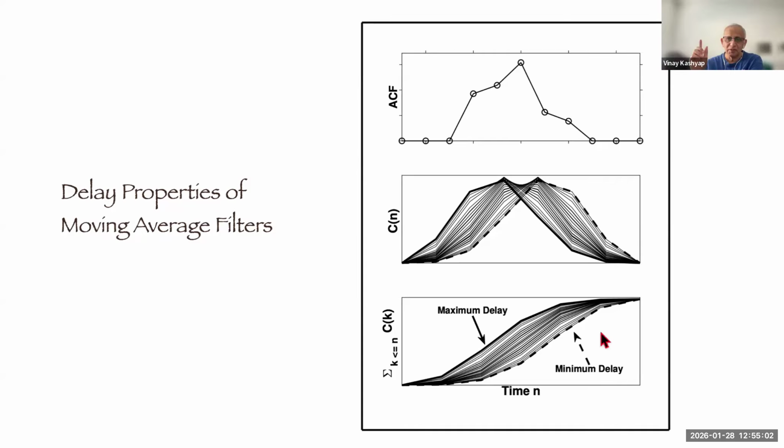Sorry, quick question. Yeah, go ahead. Why is there a band? I mean, why is there a difference between the maximum and the minimum? I mean, the ACF should give you the ACF. I'm sorry, I don't understand. I don't understand why there is a difference in the cumulative functions of the solid line and the dashed line in the middle plot. Well, this is a cumulative plot, not of the ACF, but of the pulse shape. Right. So from the middle plot, right? Yeah.